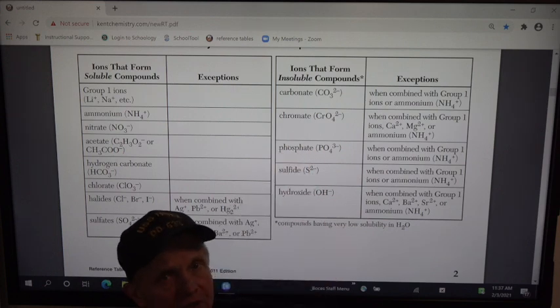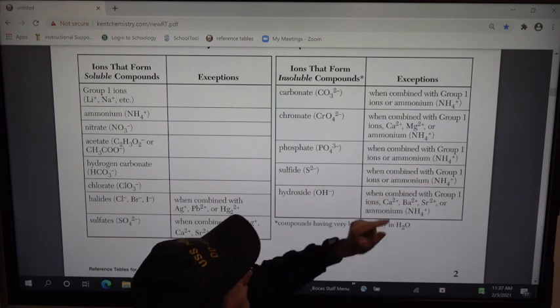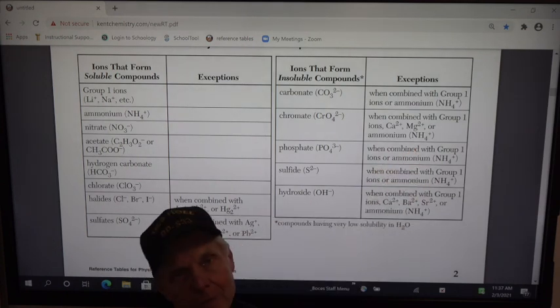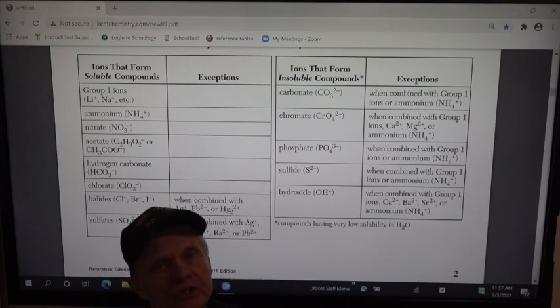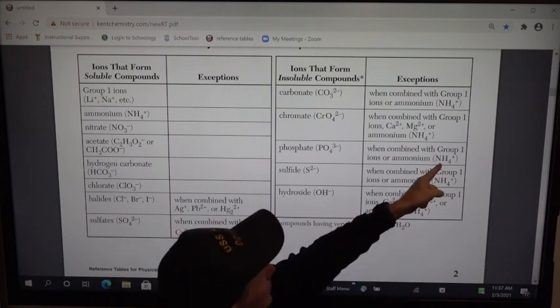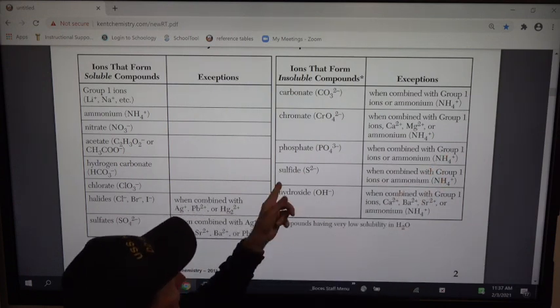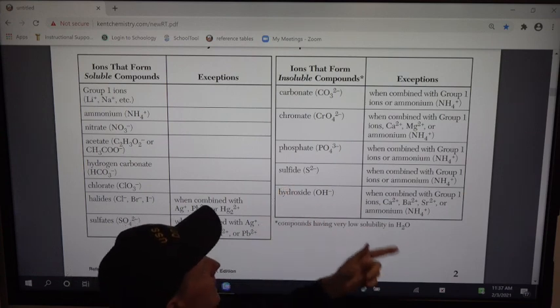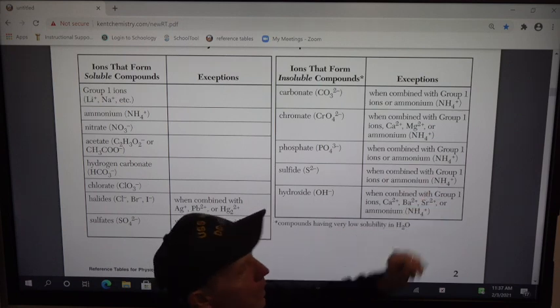Chromate, always insoluble unless it's hooked to a group 1 metal, calcium, magnesium, or ammonium. Phosphate, always insoluble when it's hooked to something unless, like we said before, it's hooked to a group 1 ion or ammonium. Sulfides, same thing, always insoluble unless it's hooked to a group 1 ion or ammonium.